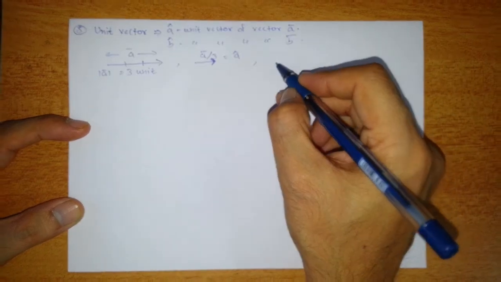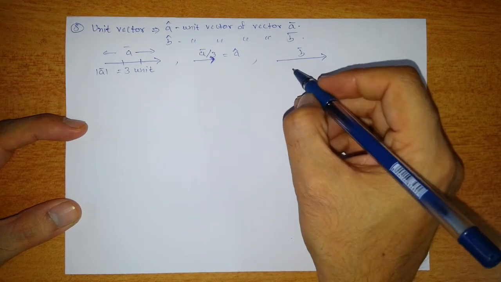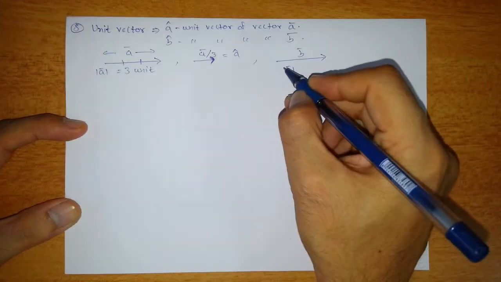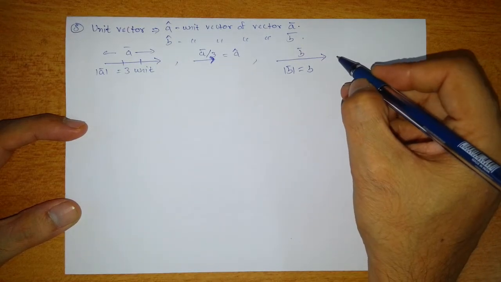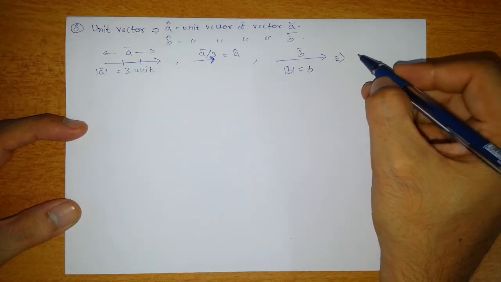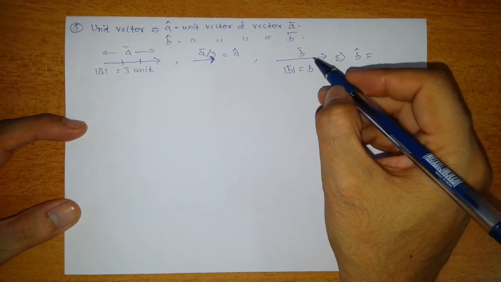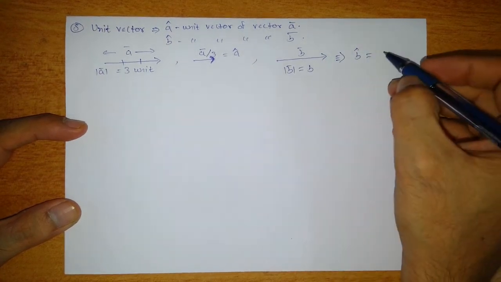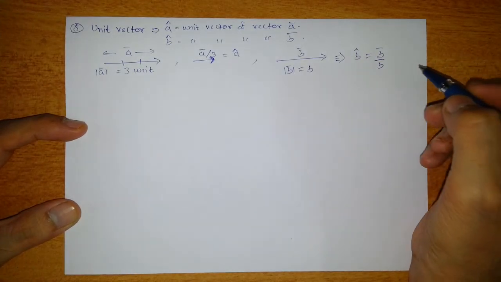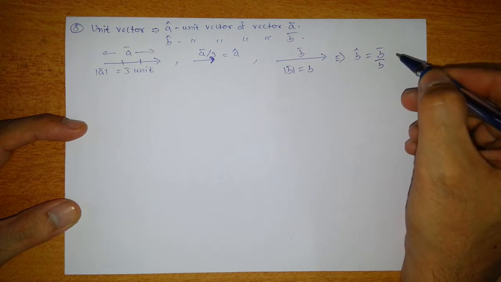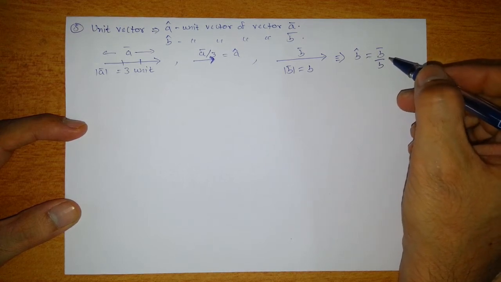Another example, let's say there is a vector b, and the magnitude of b is simply b without any bar. So what will be b cap? As the magnitude is b, we have to divide the vector into b parts. So the vector b, when divided into b parts, will give you a vector of magnitude 1 parallel to b.